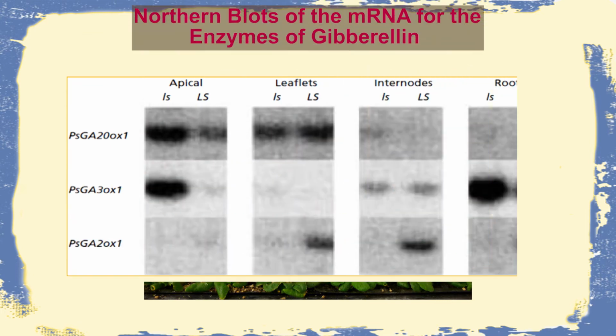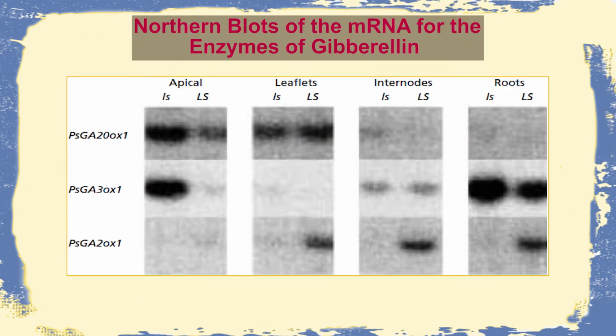Now, the northern blot image indicates that the mRNAs for gibberellin biosynthesis is highly expressed in the gibberellin deficient dwarf plant, whereas it is much less expressed in the wild type plant having gibberellin. On the other hand, GA2 oxidase, that is the degradative enzyme, is much less expressed in the dwarf plant and much highly expressed in the wild type plant. This indicates that gibberellin can regulate its own biosynthesis by a feedback mechanism.